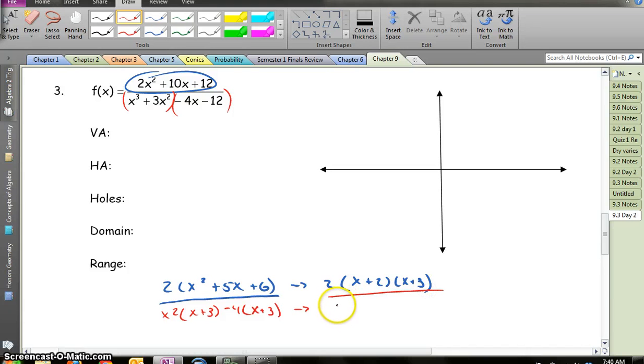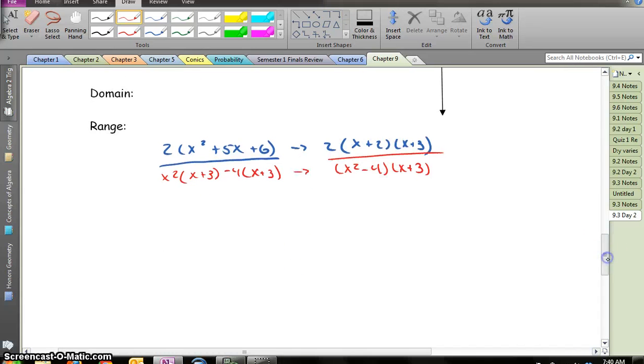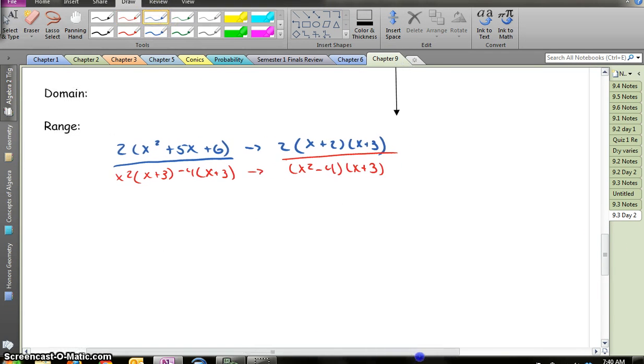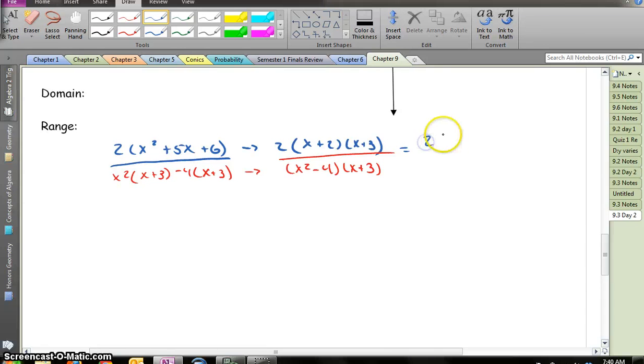So I have x squared minus 4 times x plus 3. Now the x squared minus 4 can be a difference of two squares. So on top I have 2 times x plus 2, x plus 3. And on the bottom now I have x minus 2, x plus 2, x plus 3.